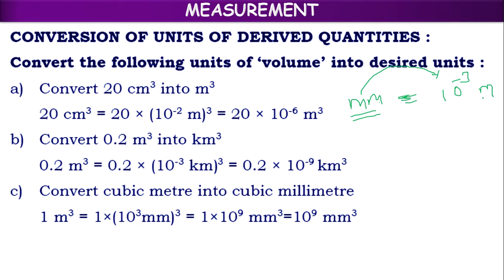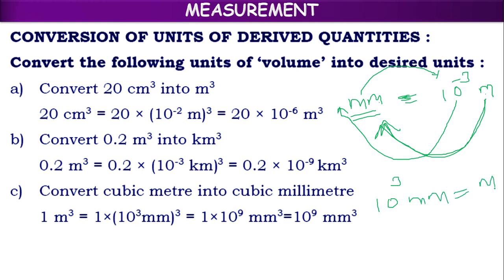But we want to convert meter into millimeter, so this 10 power minus 3 will come this side. What it will become? 10 power 3 millimeter equal to meter. 10 power 3 how much? 1000. Means 1000 millimeter equal to 1 meter.